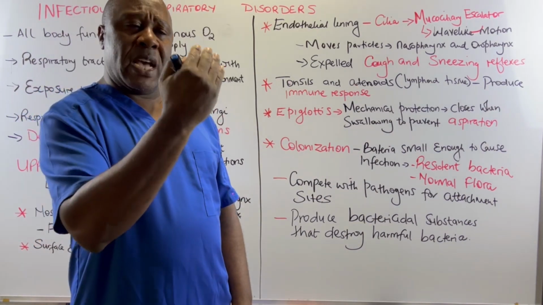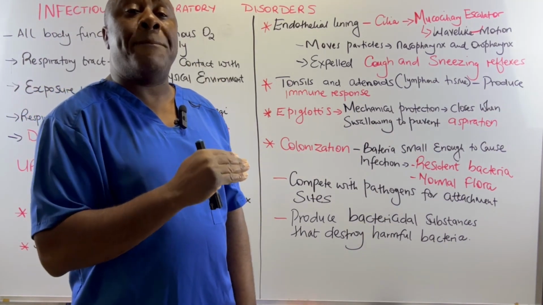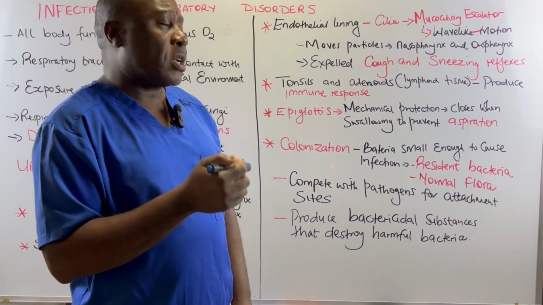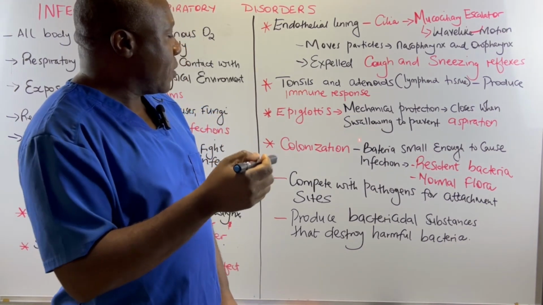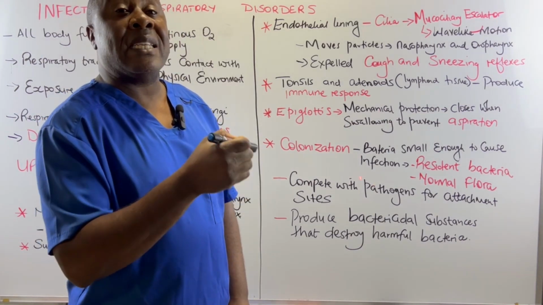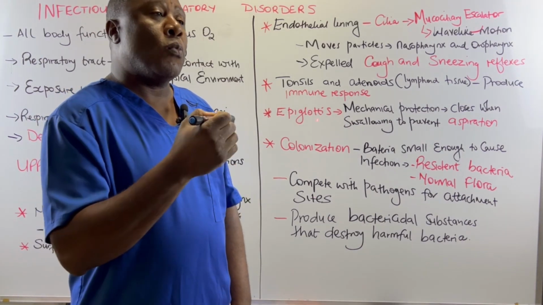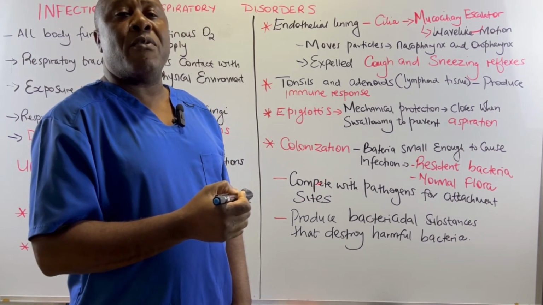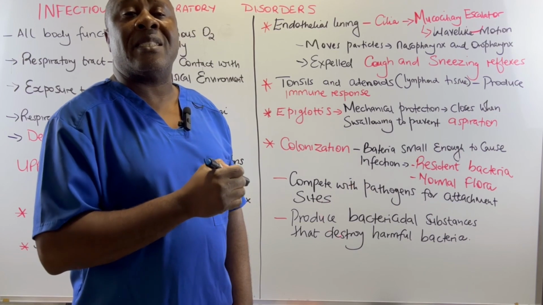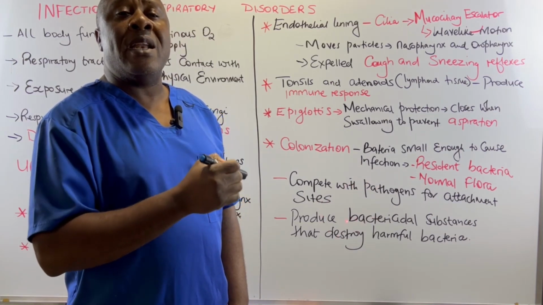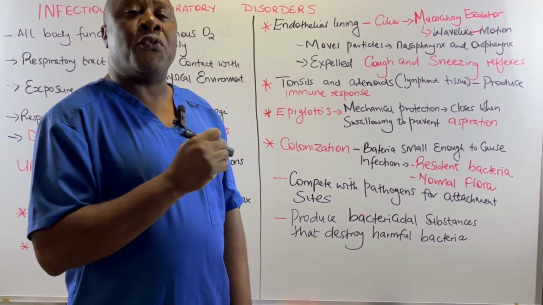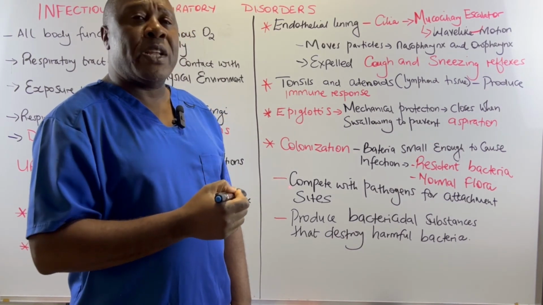We have talked about the epiglottis that lies above the larynx to prevent aspiration. And we have also talked about colonization, where normal flora that resides in the upper respiratory tract competes for attachment sites with the harmful bacteria and also produces bactericidal substances that are harmful to any bacteria that might enter our system to cause infection. So that's the upper respiratory system.